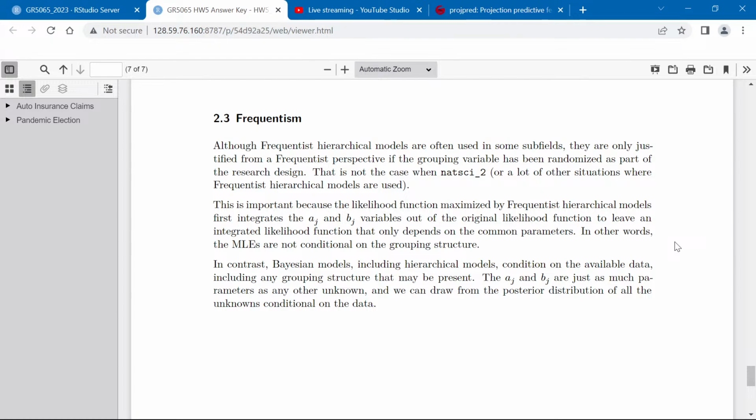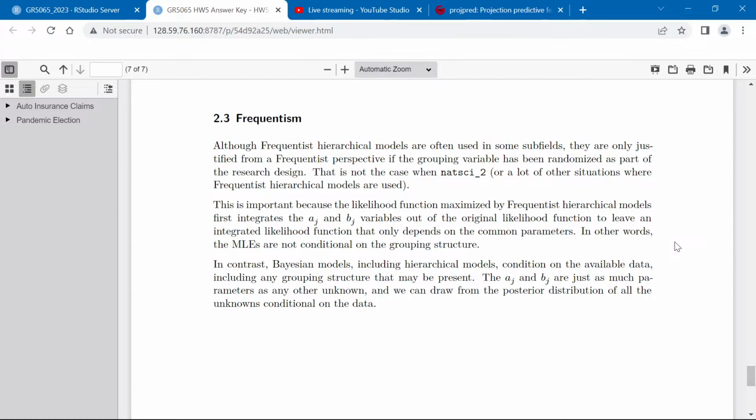Because from a frequentist perspective, the grouping structure is like noise. It's an obstacle to getting consistent estimates of the alphas and the betas and the sigmas, because the big units were random. You could have easily gotten a different set of other big units if you repeated this over and over, and those other big units would have had different A's and B's, so it's just marginalized over all of it to make inference about the alphas and the betas.